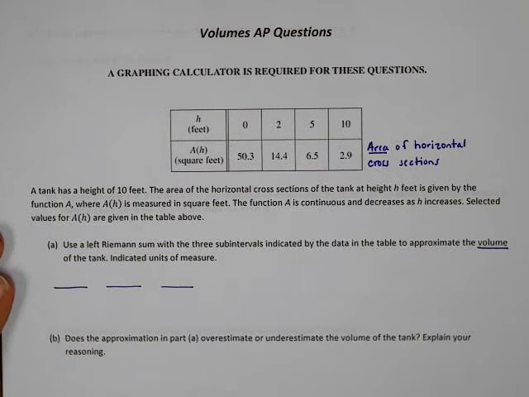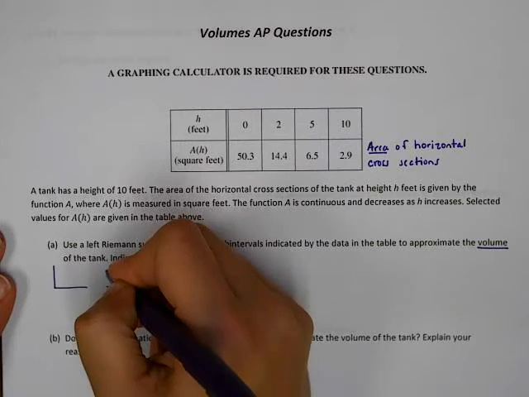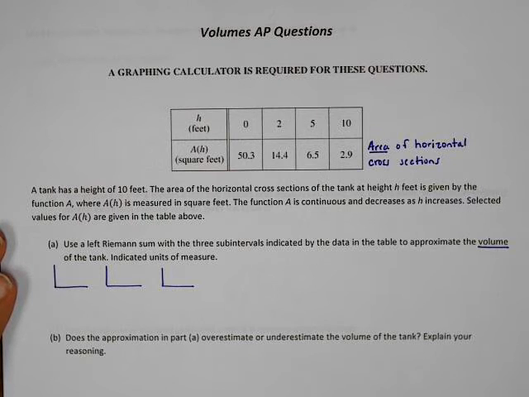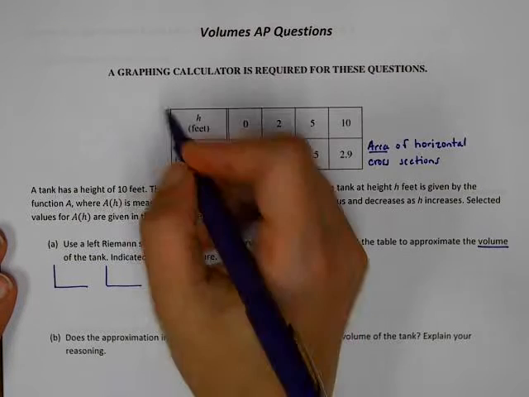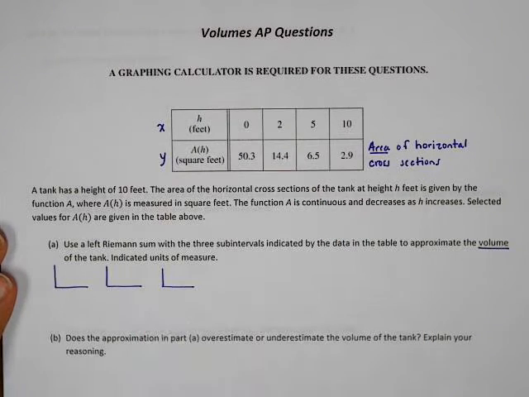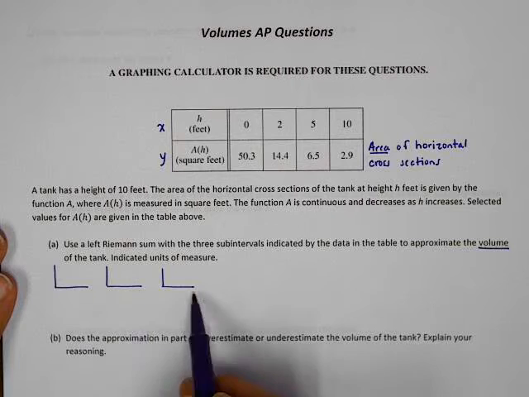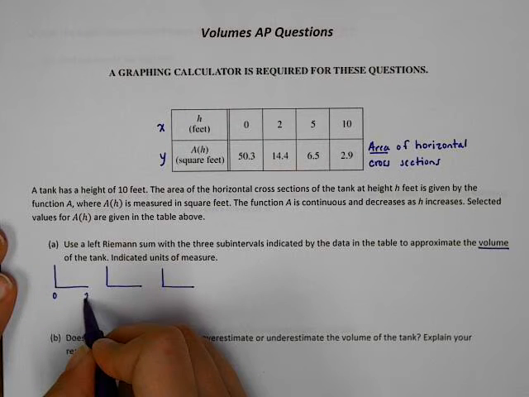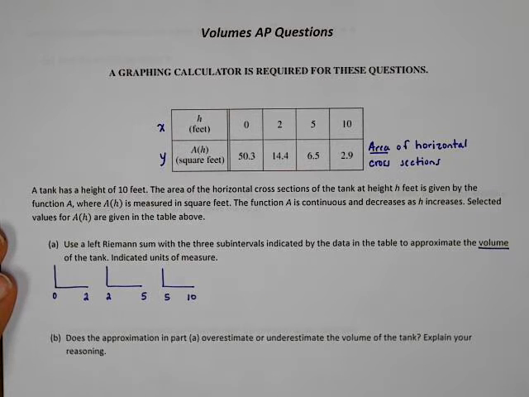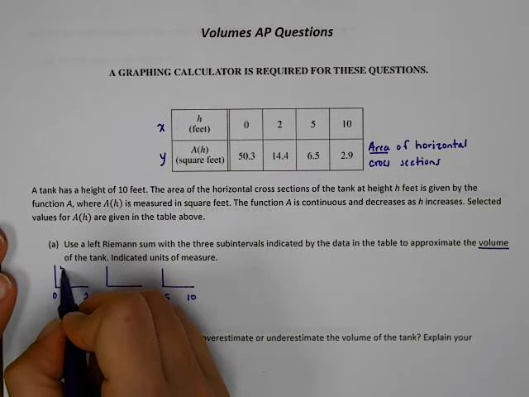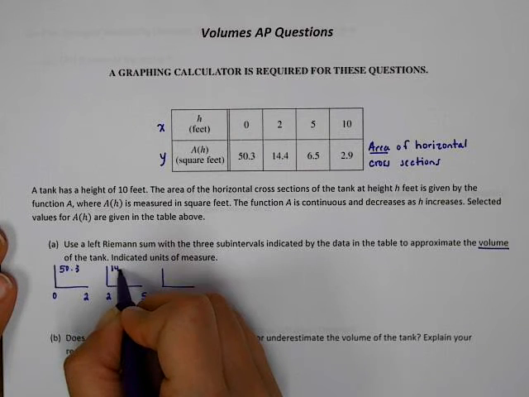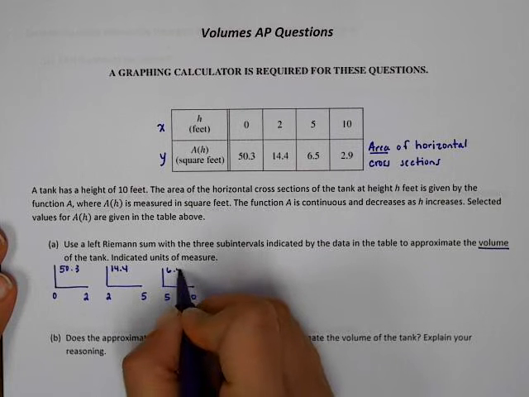With three subintervals, we're going to use the left side of each subinterval to indicate which side the height is going to be located on. Now in this case, the h is acting like the x values and the area values are acting like the y values. So along the bottom here, my intervals are going to go from 0 to 2, 2 to 5, and 5 to 10. My heights that correspond to the left side would be 50.3, 14.4, and 6.5.